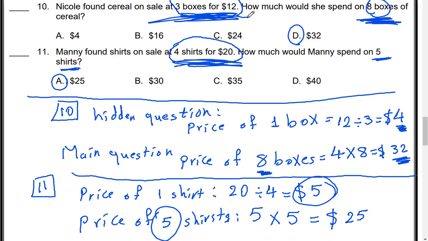So you divide the 12 into 3 groups because these are 3 boxes. 12 divided by 3 equals $4. So each 1 box costs $4. Okay? Now I understand.